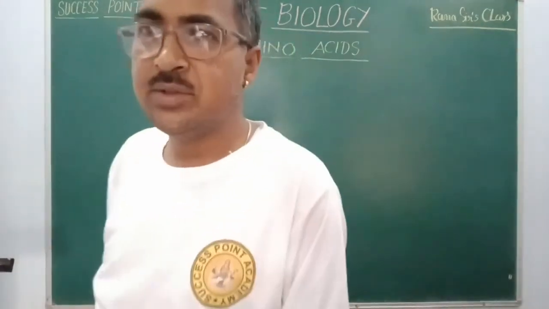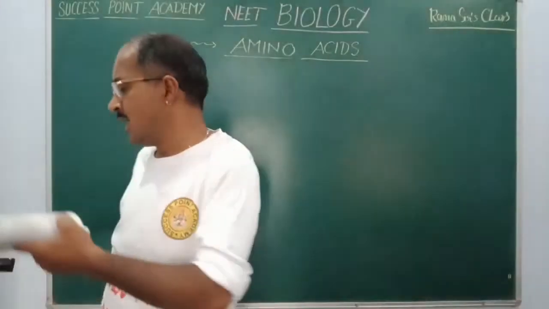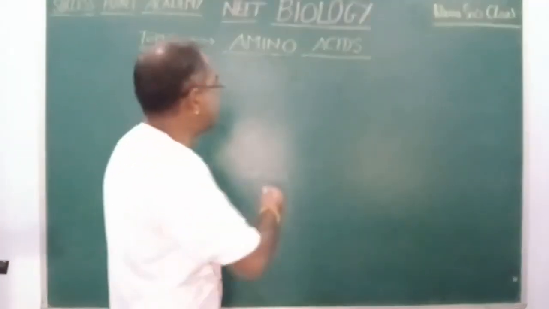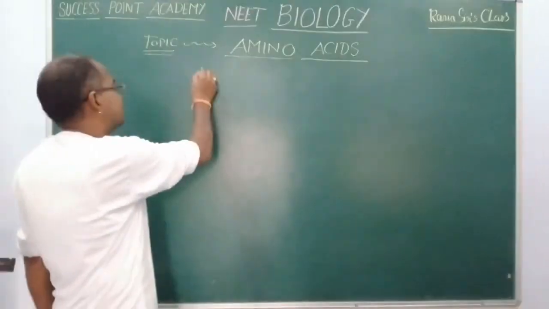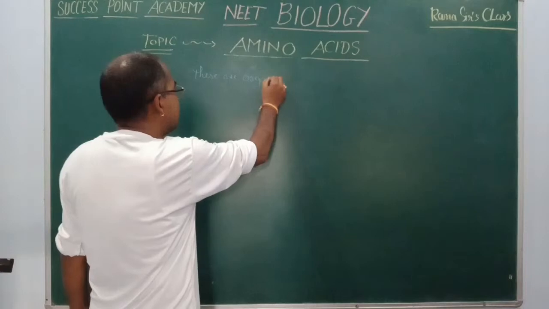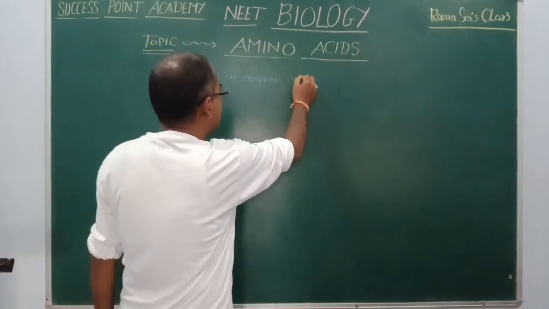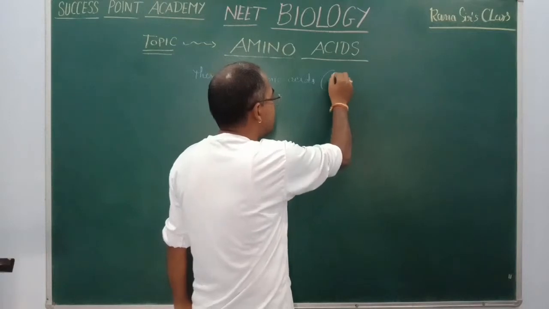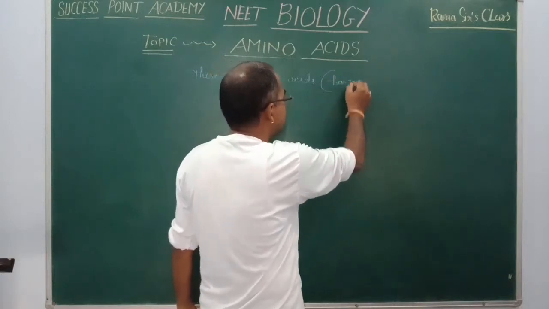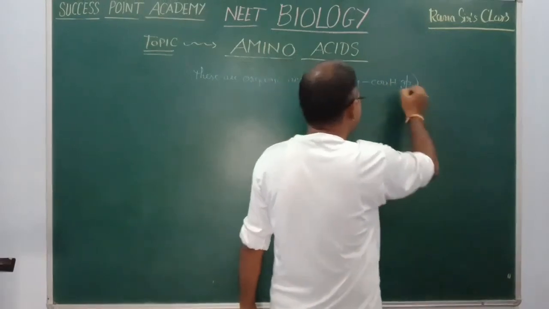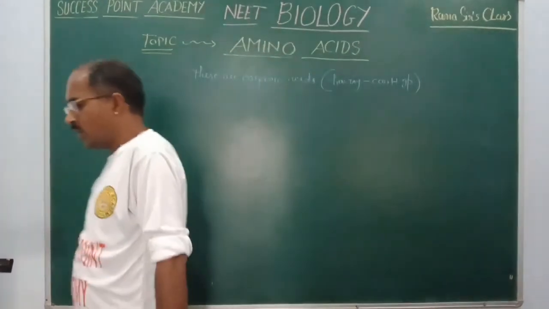Amino acids, you know, these are organic acids. Why are we calling them organic acids? Because they have the COOH carboxylic acid group in their structure.